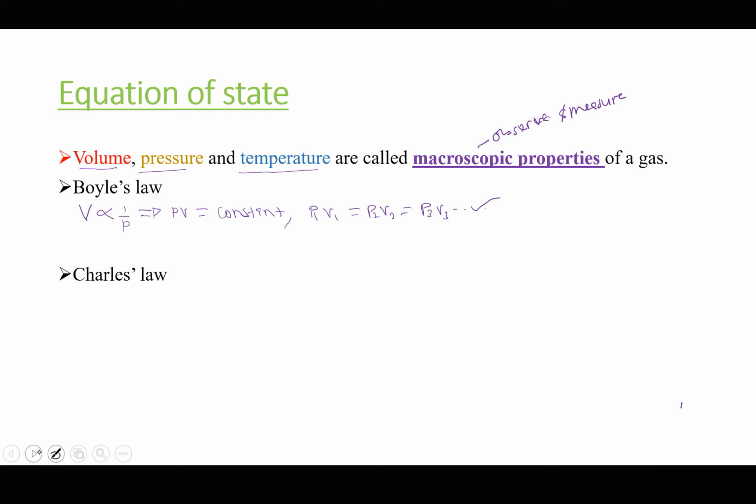Isobaric. The other one was isothermic, or isothermal. The first one, at constant temperature, was isothermic. So this was temperature constant. Sorry, I have to erase this.